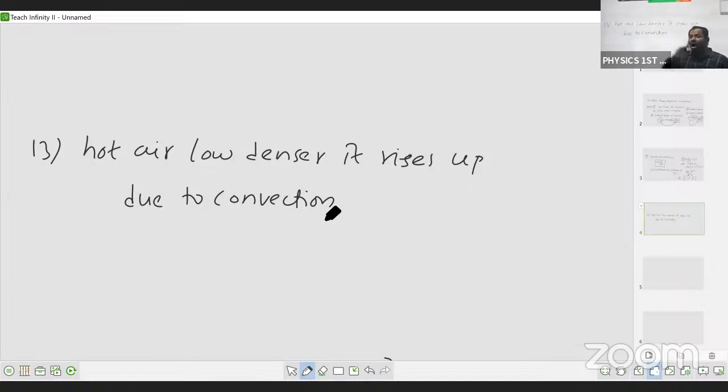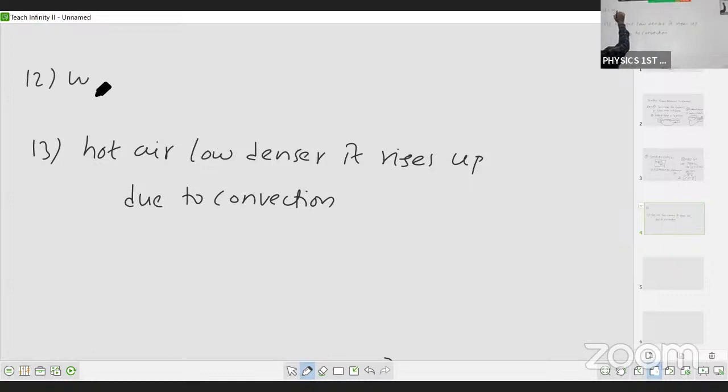That's why hot air rises. When hot air goes up, the ventilators are up only, just below the roof. That is the reason. Overall, hot air is of low density and rises up due to convection. So with the convection phenomenon, hot air goes outside from the room. That is the meaning of this. Next, Wien's displacement law.